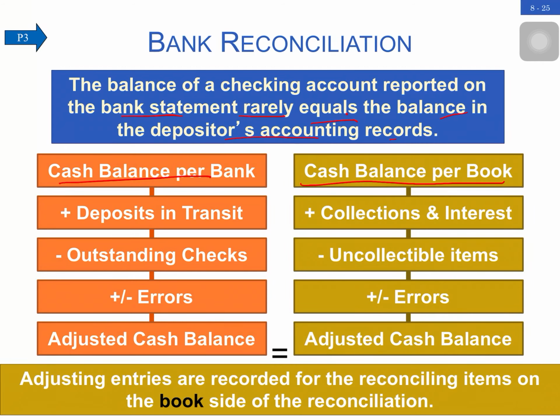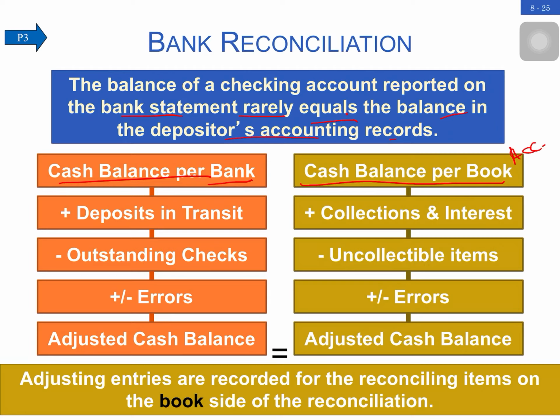Cash balance per book means the ending balance of your cash in your book, the one recorded by your accountant. But cash balance per bank is the ending balance of cash that is reported by your bank in the bank statement.